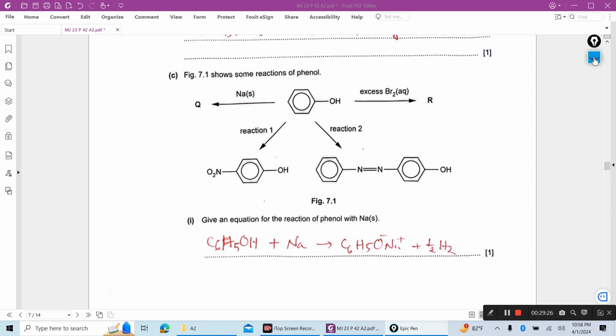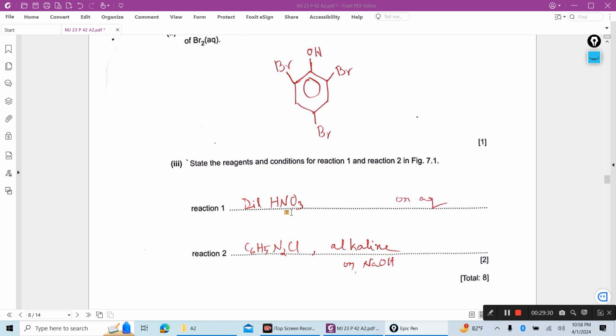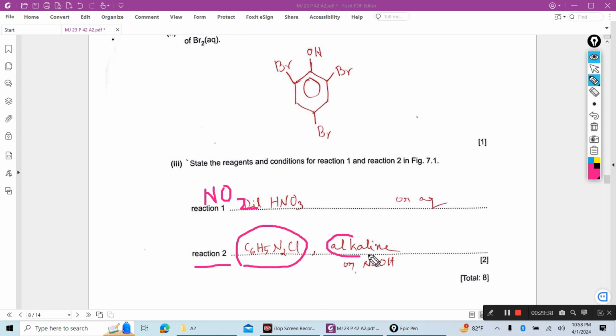So the reagent is aqueous or dilute nitric acid. Then reaction 2, you see, benzene diazonium chloride, with the condition of alkaline, in the presence of sodium hydroxide.